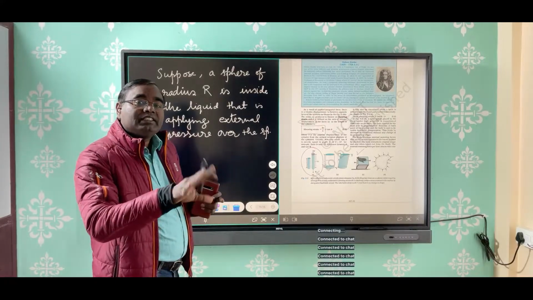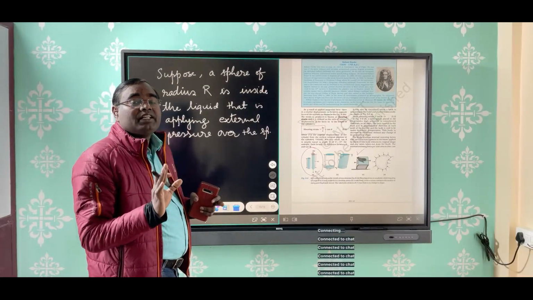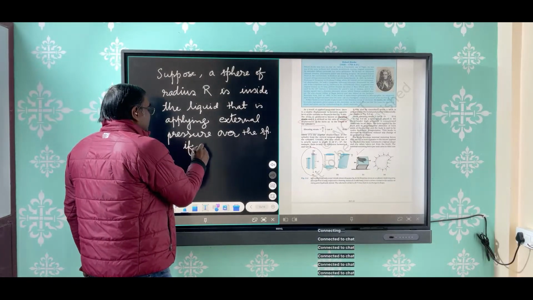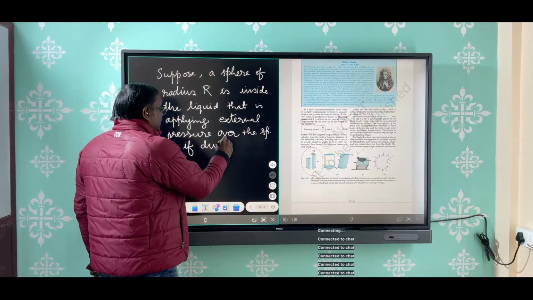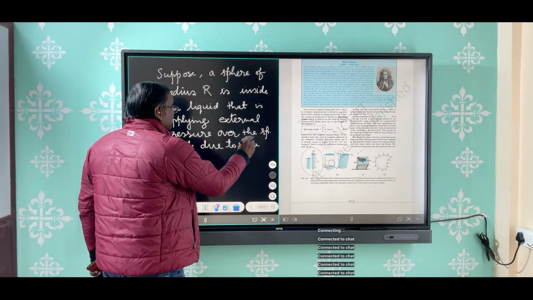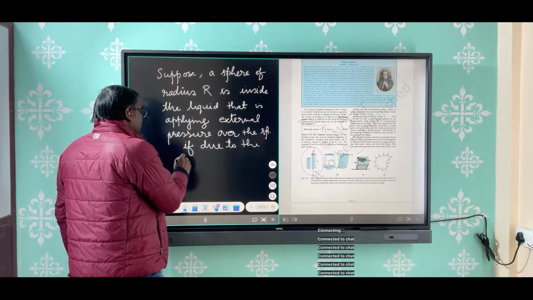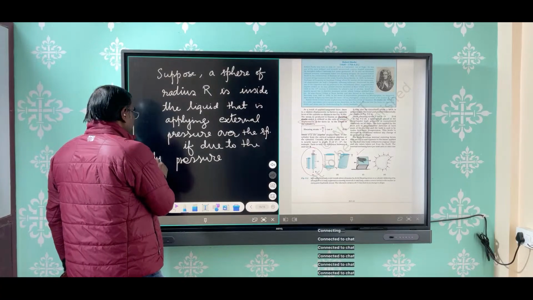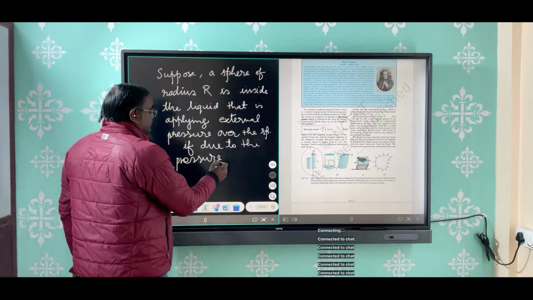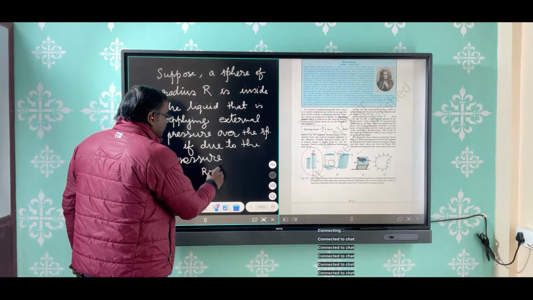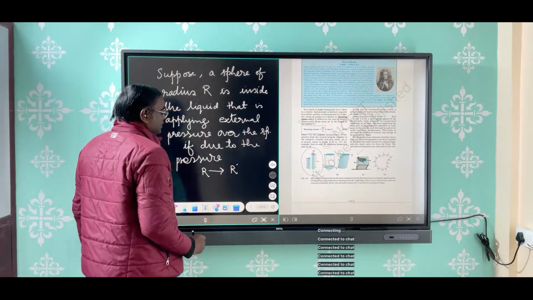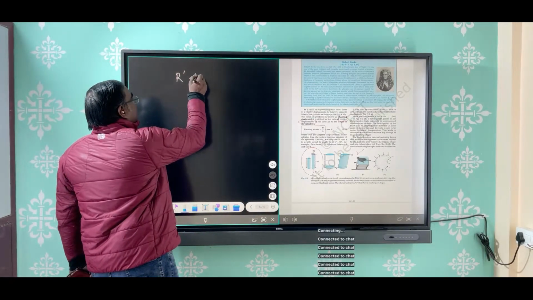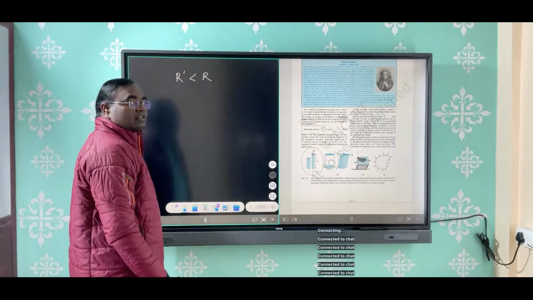because of the change in the radius, that is decrement in the radius of the sphere. So that means if due to this hydraulic pressure R changes to R prime, then R prime will be less than R, right?